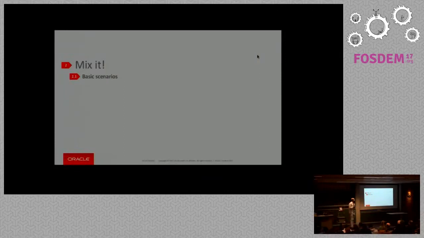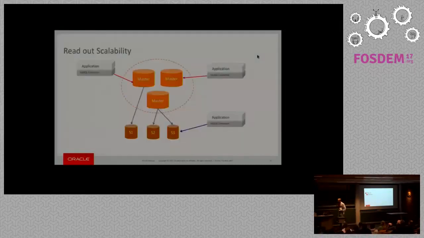So this is group replication, and we release it, and you look at, okay, but can I mix it with the other replication solutions? Of course. So basic scenarios. Group replication is limited to 9 members, but maybe you want to scale out to like 100 slaves. You can still do it.